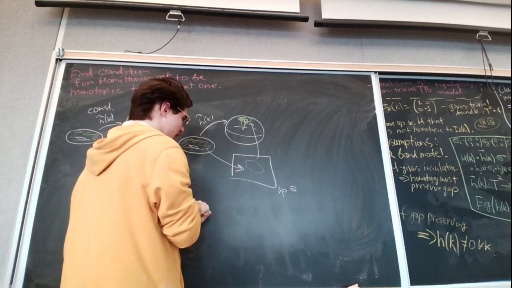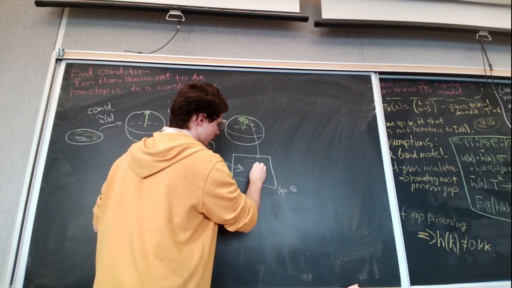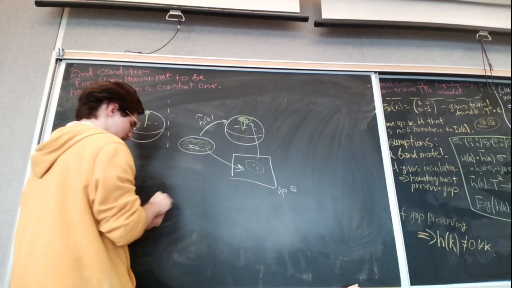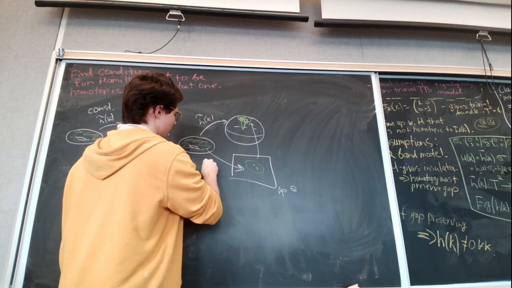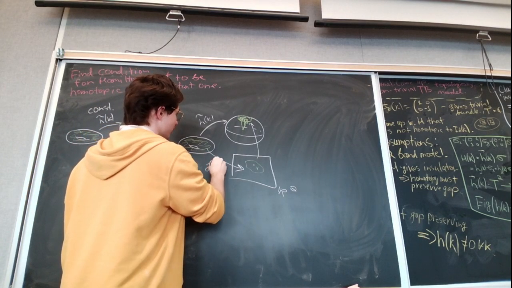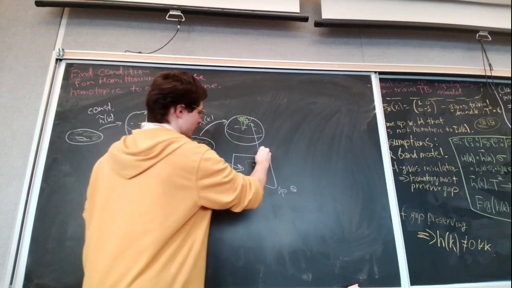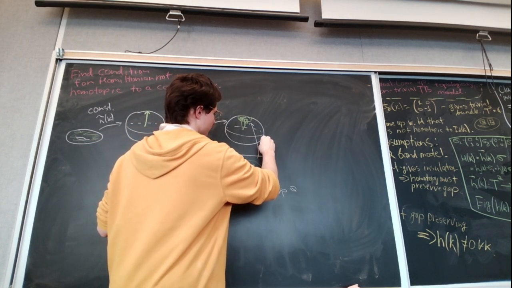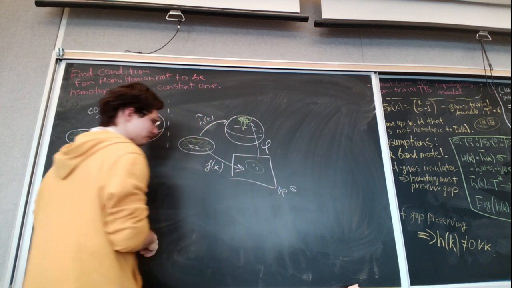And here, let's pick a random point here, whatever it is, x. And so call this f of k, and then this is phi, some coordinates.